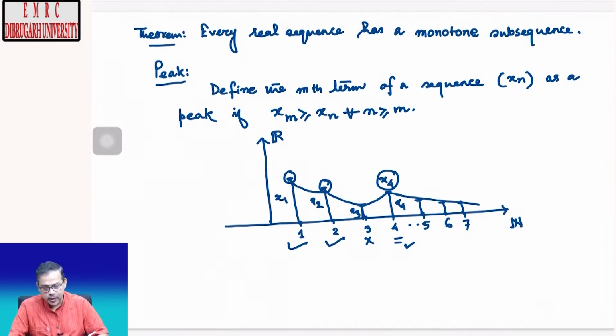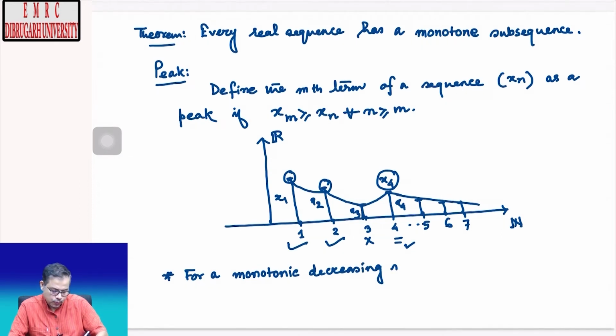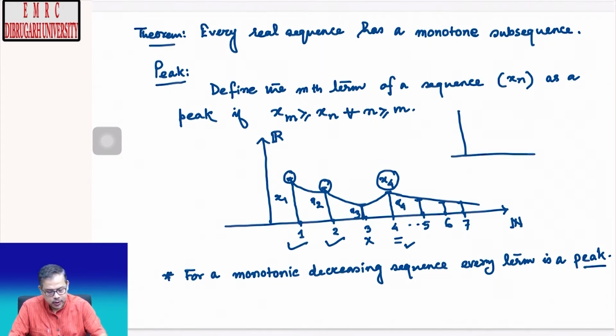So, two observations we can have. Suppose a sequence is monotonic decreasing. For a monotonic decreasing sequence every term is a peak, because in a monotonic decreasing sequence something like this will happen.